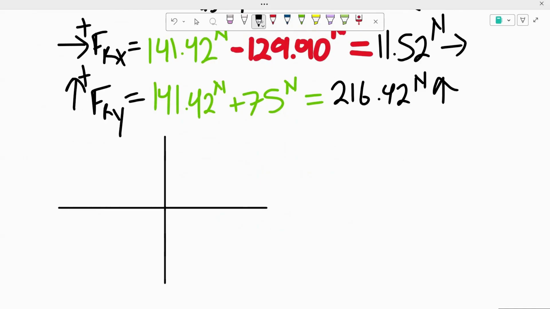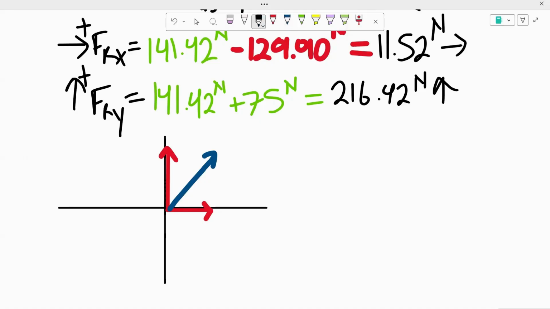For our horizontal component, we have 11.52 newtons going to the right. And for our vertical component, we have 216.42 newtons going upward. Our resultant force will then be in this quadrant right here.